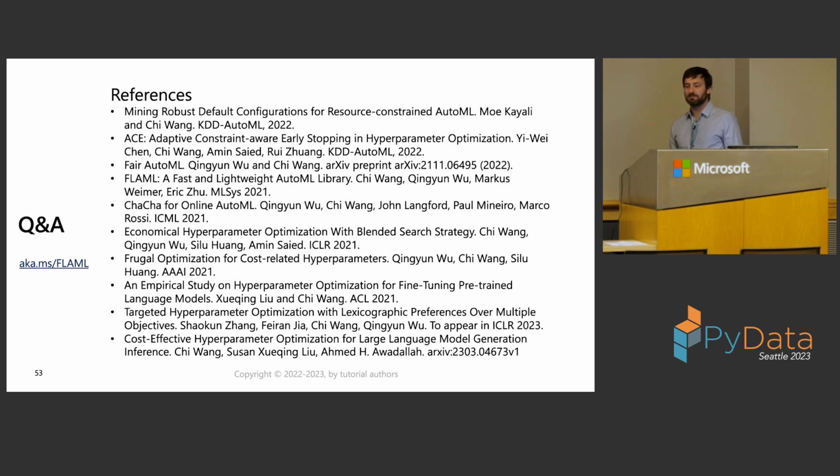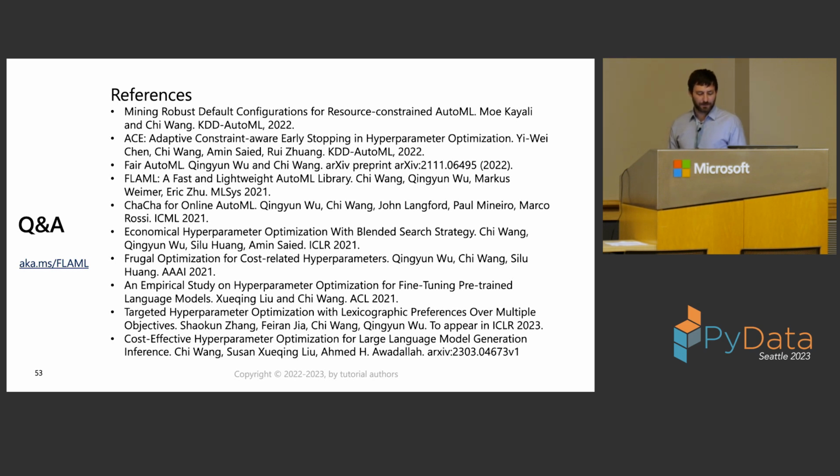You can also join the Discord and just share what you're working on. In particular, new things like multiple lexicographic metrics or tuning large language models are interesting, but if you have any use cases for any of it, come on the Discord and chat with us.